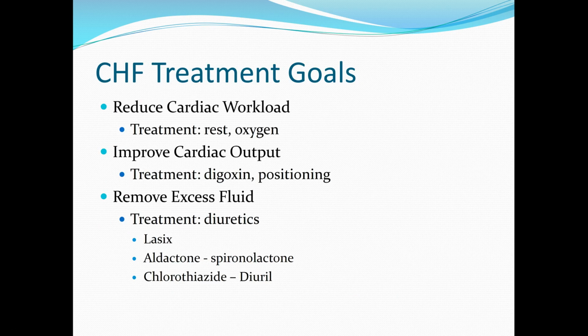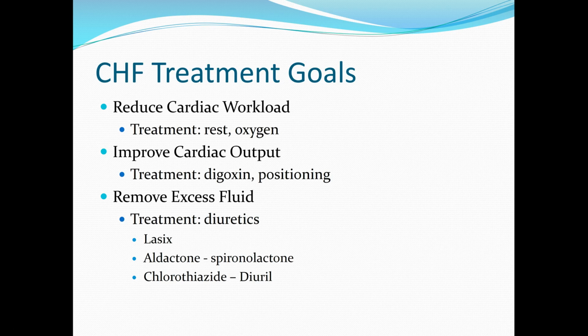So the treatment goals, the initial goal is to identify and treat the cause of the congestive heart failure. And then you're slowly going to decrease the work of the heart and improve the circulation. So like I said, you want to reduce that cardiac workload. So treatment with that is rest and oxygen.